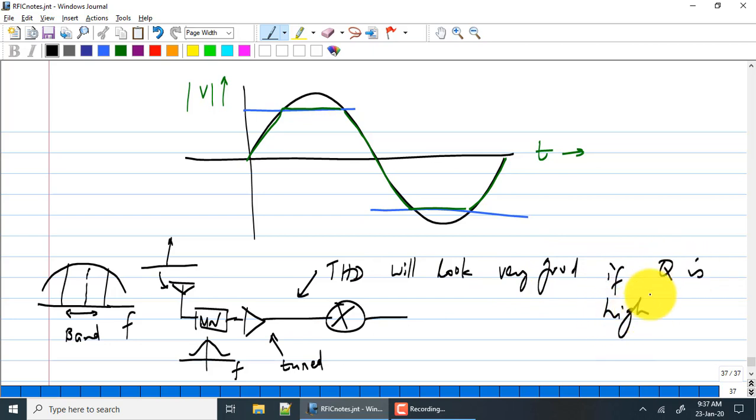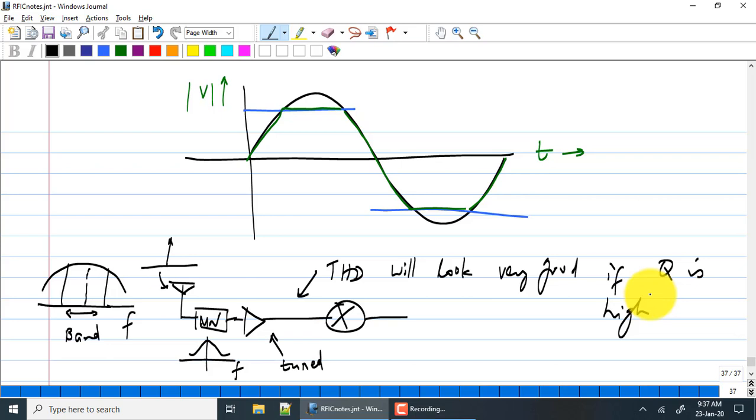But I know that my circuit is nonlinear. You understand? I know that my circuit is nonlinear. That will look very good. So clearly THD is not the right way of characterizing the linearity of these systems.